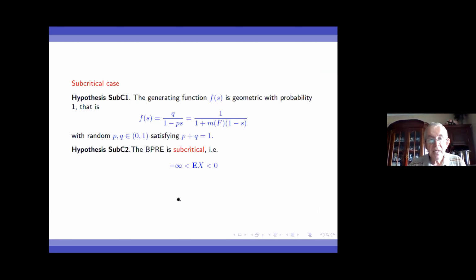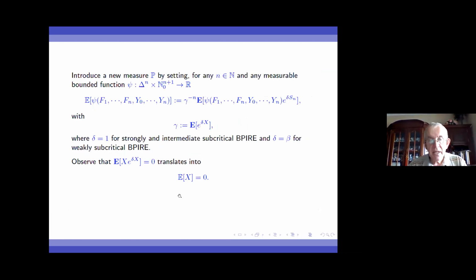There is also a subcritical case, and again in this case it is necessary to make a change of measure, and then we again come to the situation where we should study large deviations of an ordinary random walk.